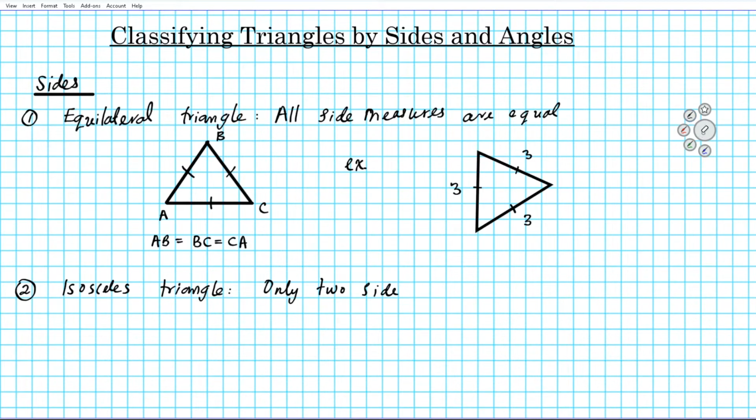So if only two side measures are equal, then you have an isosceles triangle. So for equilateral, all three side measures are equal. For isosceles, only two side measures are equal.